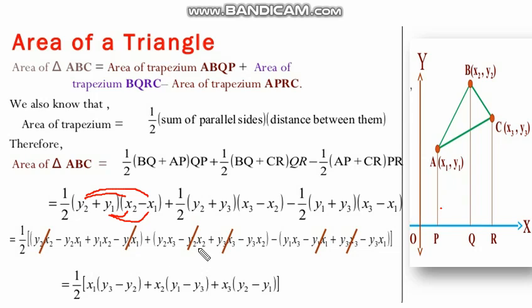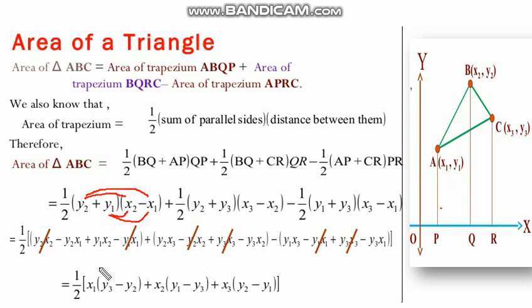These two will be cancelled because the signs are different. Next minus y1 x1, and here minus y1 x1, because minus into minus is plus. These two will be cancelled, and remaining y3 x3 plus y3 x3, and if you multiply by minus, here we get minus y3 x3. So these two will be cancelled.